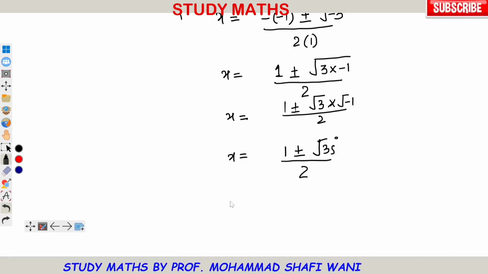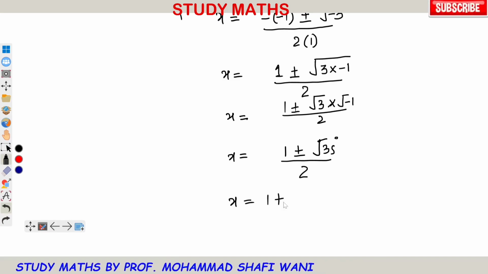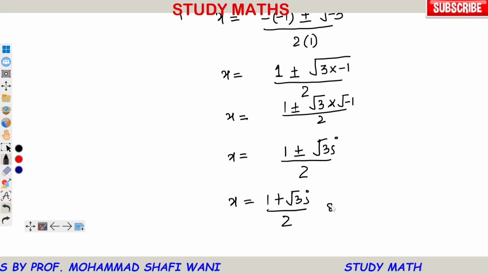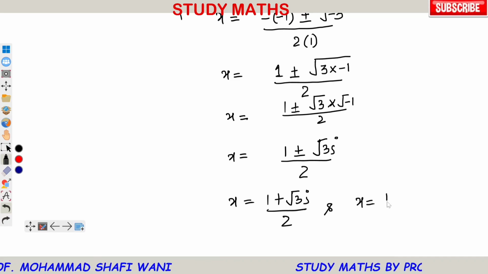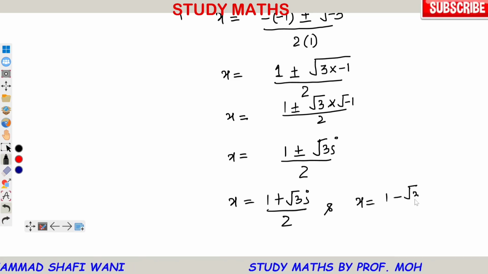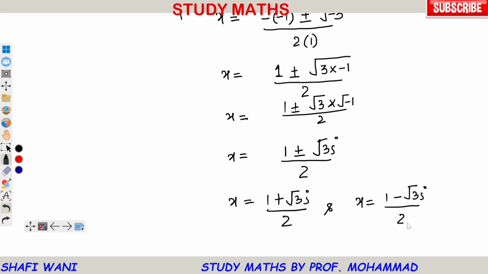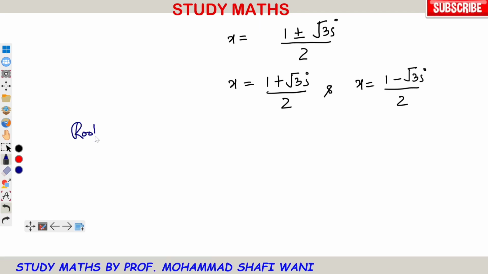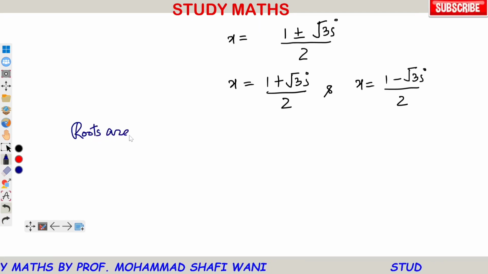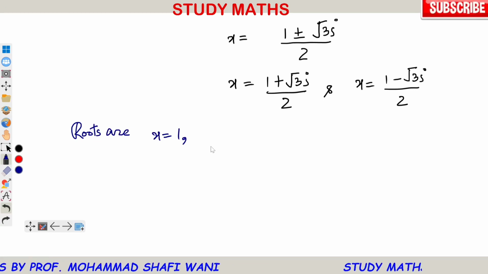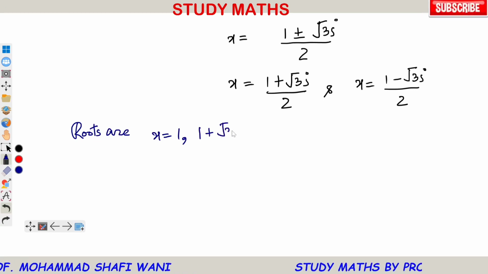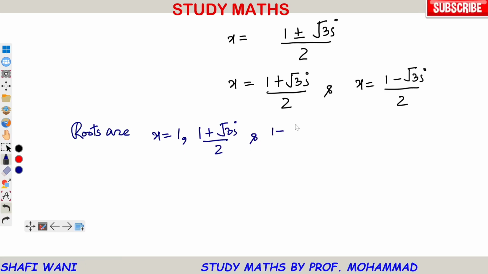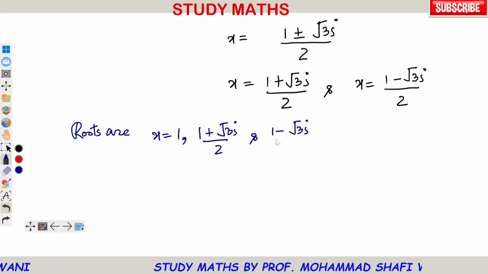So the two roots are x is equal to minus 1 plus under root of 3 iota divided by 2 and x is equal to minus 1 minus under root of 3 iota divided by 2. So the roots of this cubic equation are x is equal to 1, minus 1 plus under root of 3 iota divided by 2, and minus 1 minus under root of 3 iota divided by 2.